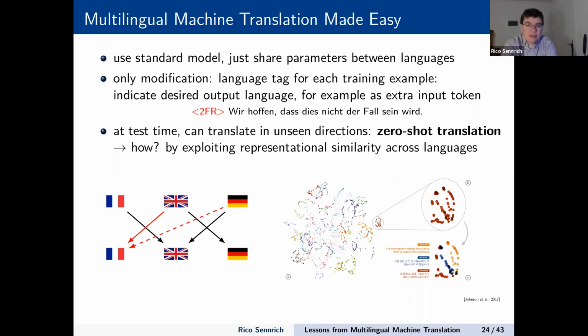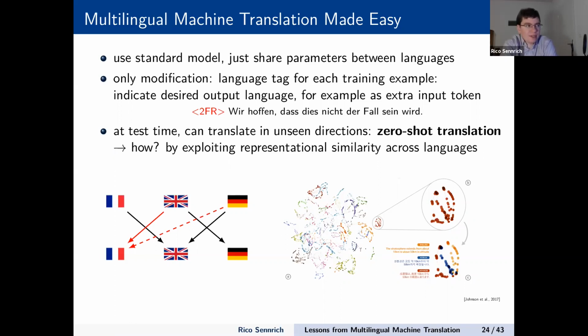And one interesting property that you get as a side effect for free is that with this multilingual model, you can even translate into directions that you haven't been training on. Here's the example. Assume that you have a model that is trained from English to French, English to German, German and French to English. If you train this model, you can actually use it to translate from German to French directly without going via English.